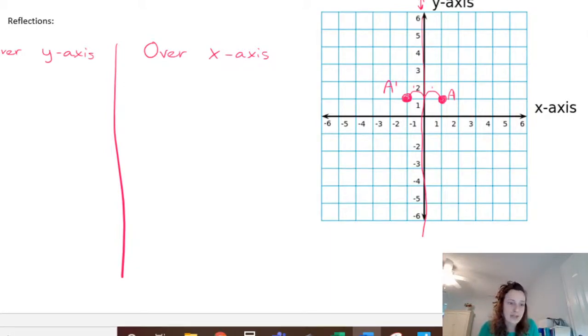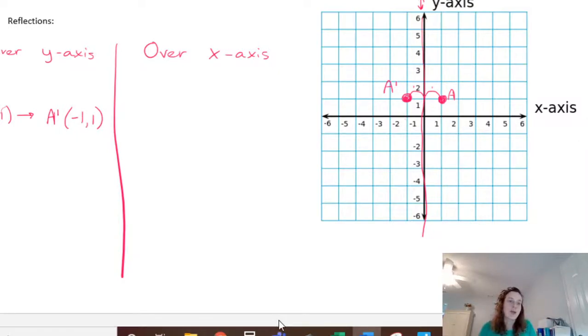So over the y-axis, A was at 1, 1, and then I went to my new value, A prime, which is now, notice here, -1 as my x value, and +1 as my y value.